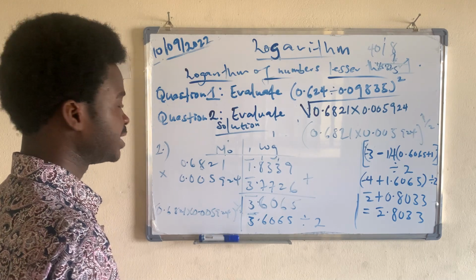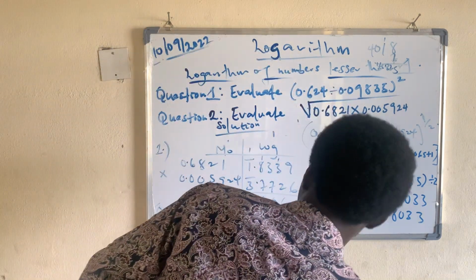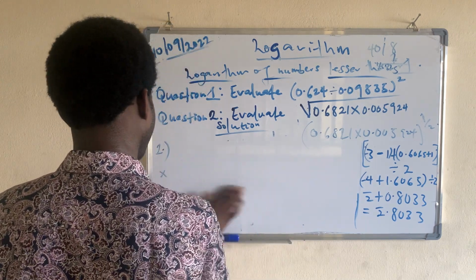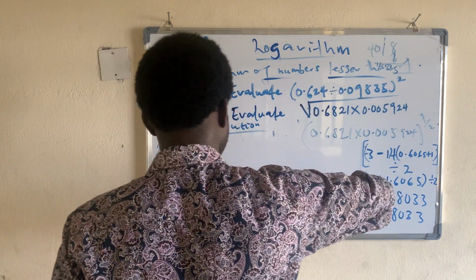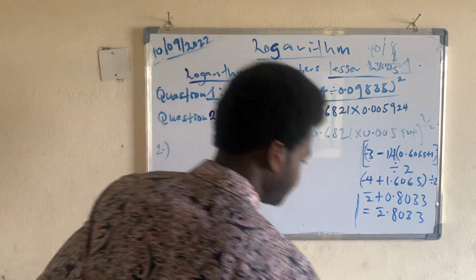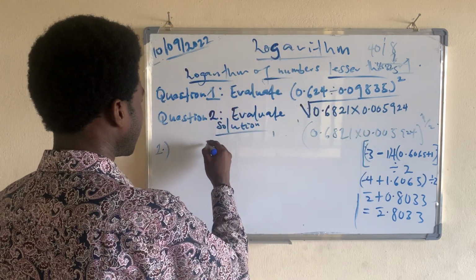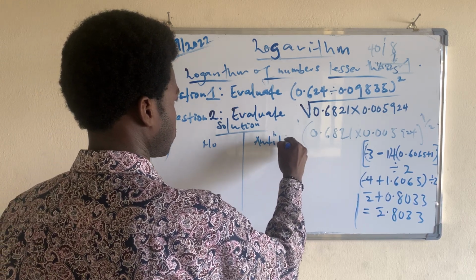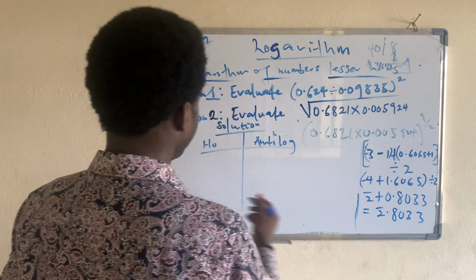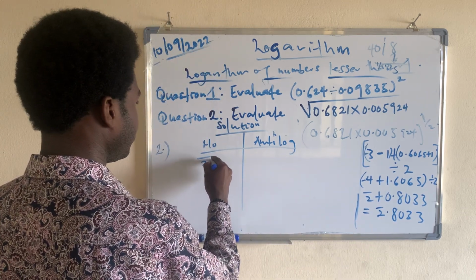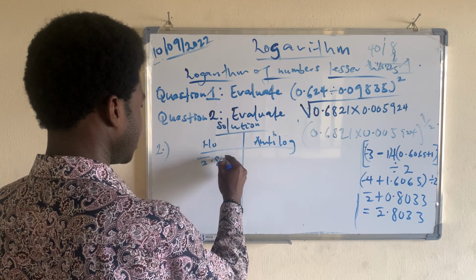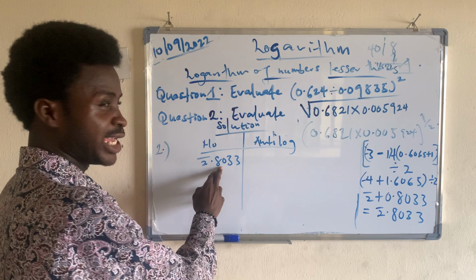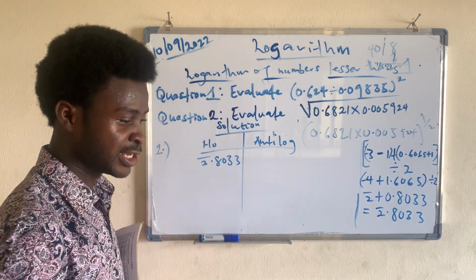So we quickly get the anti-log here. I will rub off this to find the anti-log of that number. We have bar 2.8033. So we say 80 under 3, difference 3.